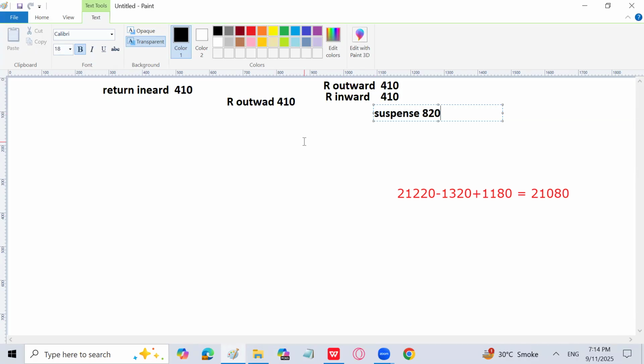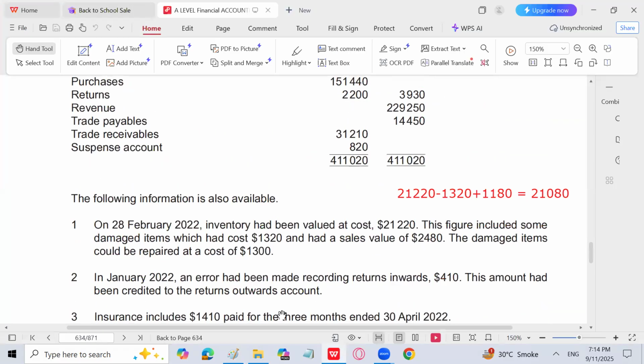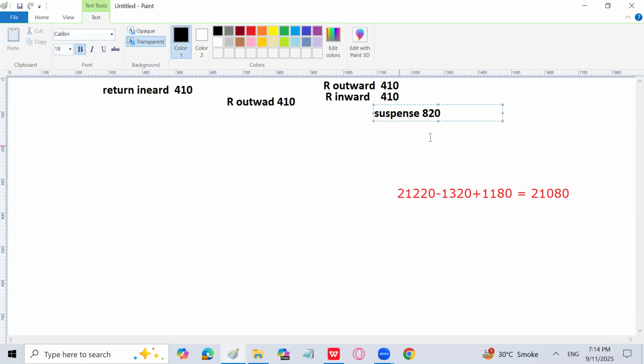This entry will also compensate the suspense account, which creates the difference between the trial balance. The suspense account difference was 820, and now the suspense is going to be credited by 820, so it is automatically adjusted. Return outward is debited by 410.